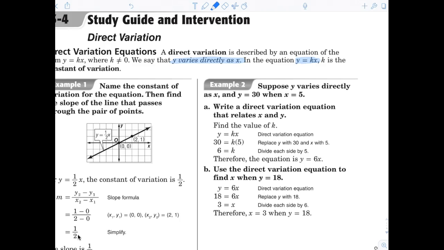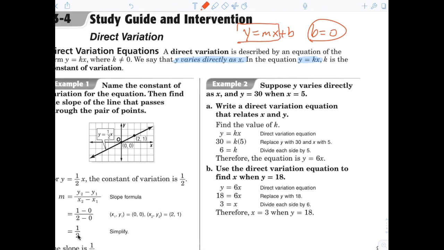Now, yesterday, if you remember, we said y equals mx plus b. Today, it's just a little bit easier because b is always 0. So does everybody understand that y equals mx is almost the same as y equals kx?